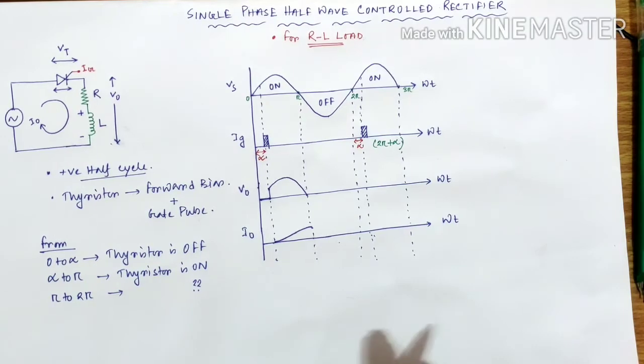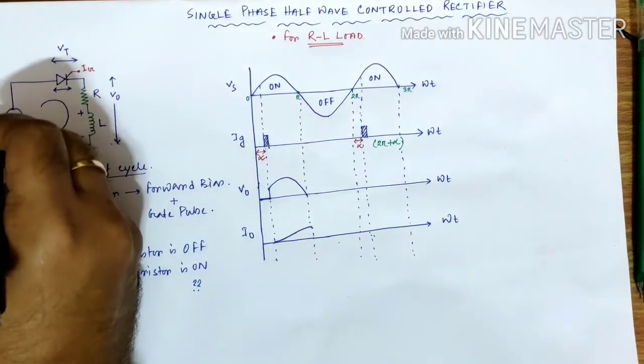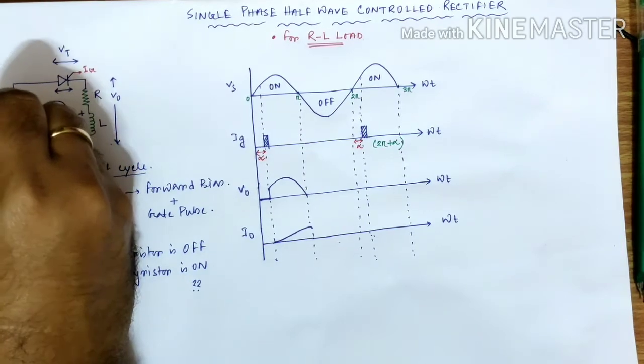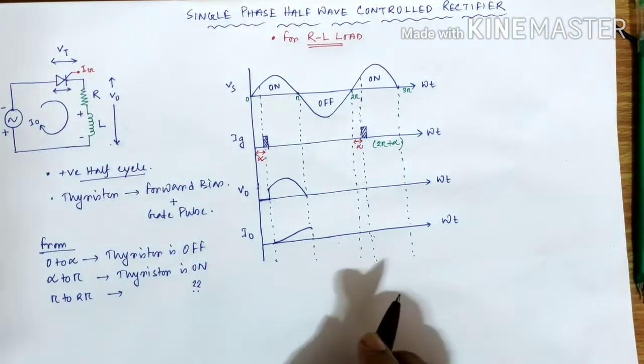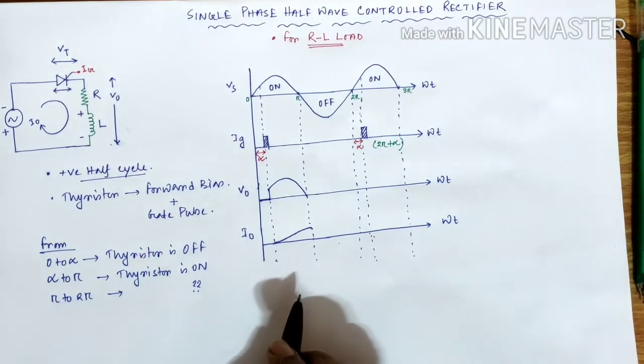Now in the negative half cycle, what will happen? In the negative half cycle, the polarity of this power source is like this one. This one becomes plus, this one becomes minus. That makes the thyristor go into reverse bias condition. Now in this particular condition, what will happen?